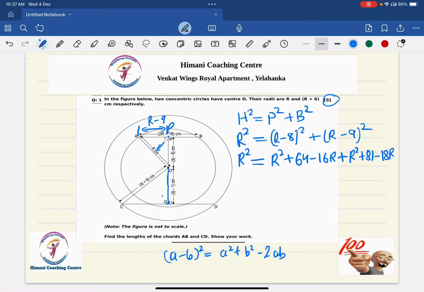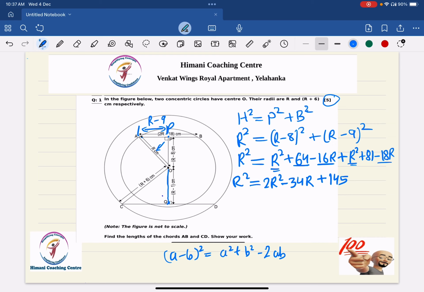So now we can see this r square plus r square will become 2r square. We have r square here, we will just keep that. Minus 16r minus 18r will give us minus of 34r plus 64 plus 81. So you can add them, 4 and 1, 5, 6 and 8, 14. So we are getting 2r square minus 34r plus 145 equals r square.